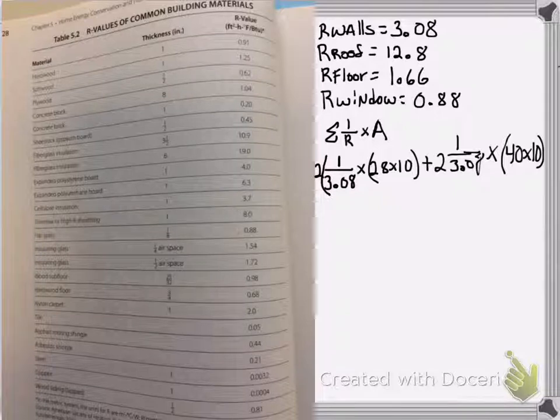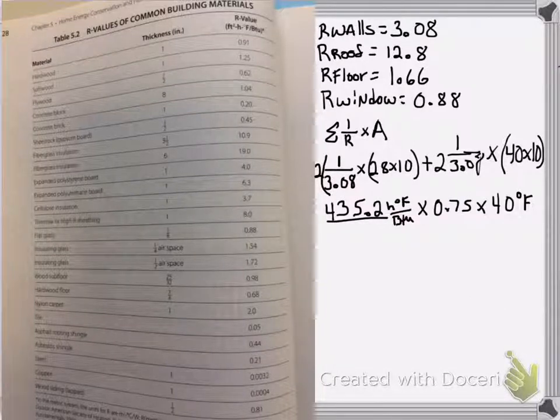And so that'll give me my total for my information of areas and R values. Because I haven't done my change in temperature yet, the first part of my answer will come out in BTUs, hours, degrees Fahrenheit, but the feet squared are going to cross out.